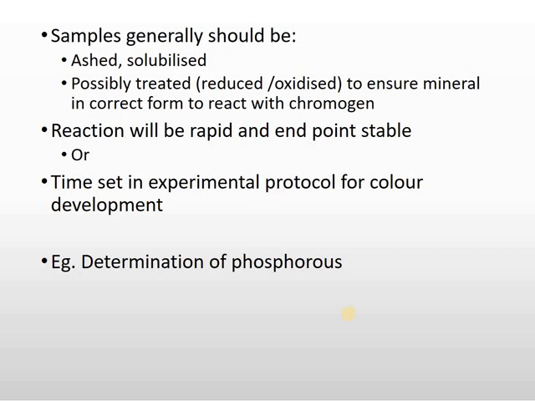So you take the chromogen, it reacts with the already prepared analyte, and then over time you check the color formation, or it can just be an instant thing. You can monitor the formation of the color over time, and that will be the basis of analysis. This is used for the determination of phosphorus. Phosphorus is usually determined using colorimetric methods.